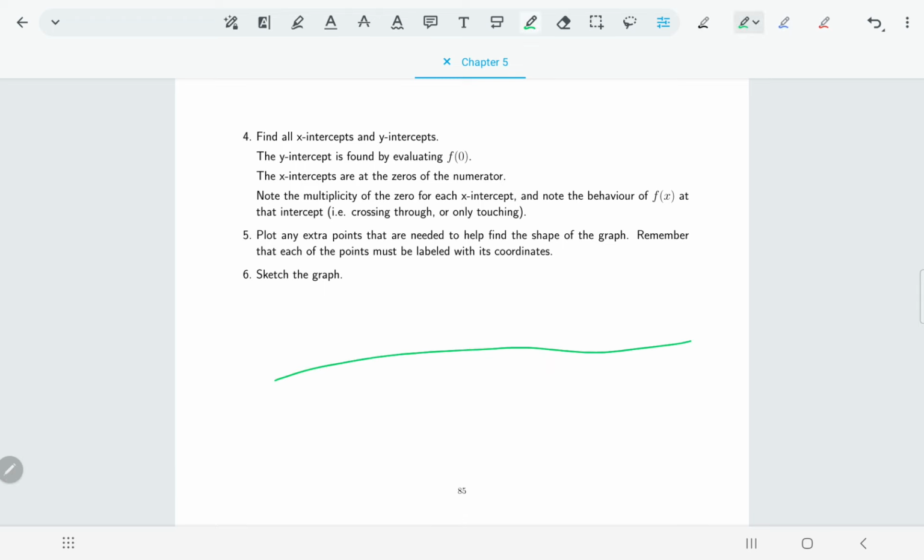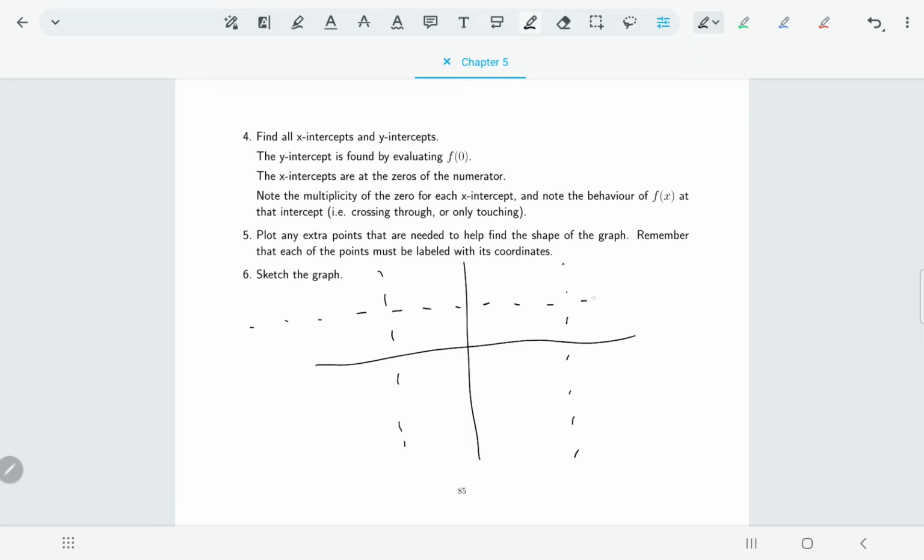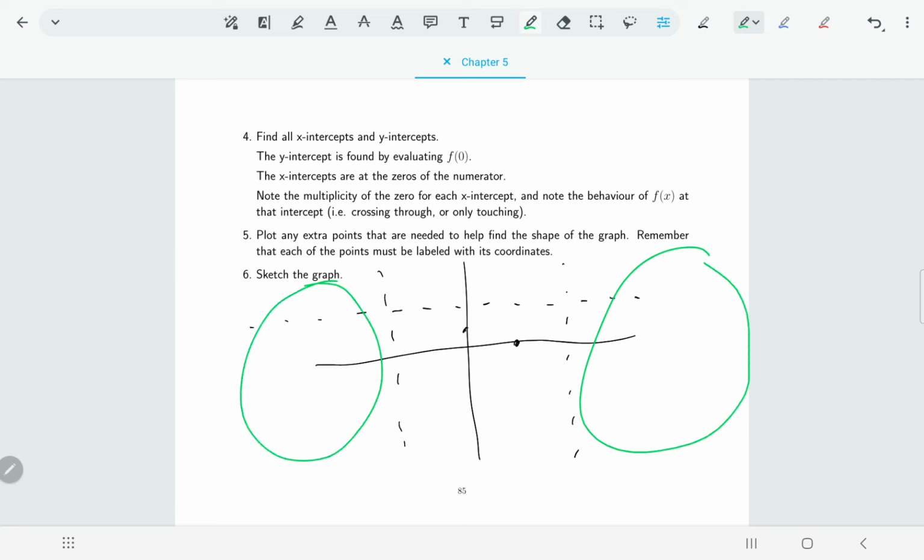But when it comes to graphing a rational function, you may find that you have vertical asymptotes drawn, and you may have horizontal asymptotes drawn, and you may have a single point or two somewhere, but that may mean that you have large chunks of the graph where you just don't really have any information as to what's going on.